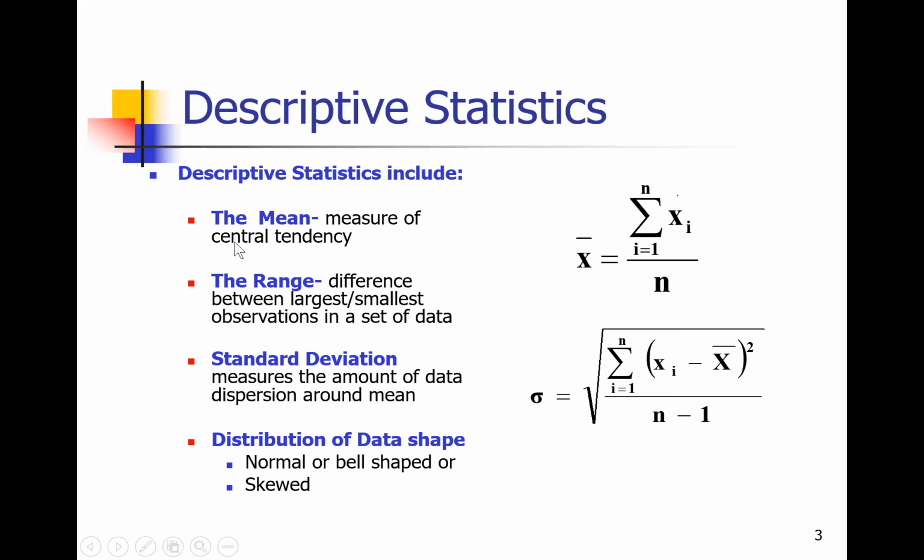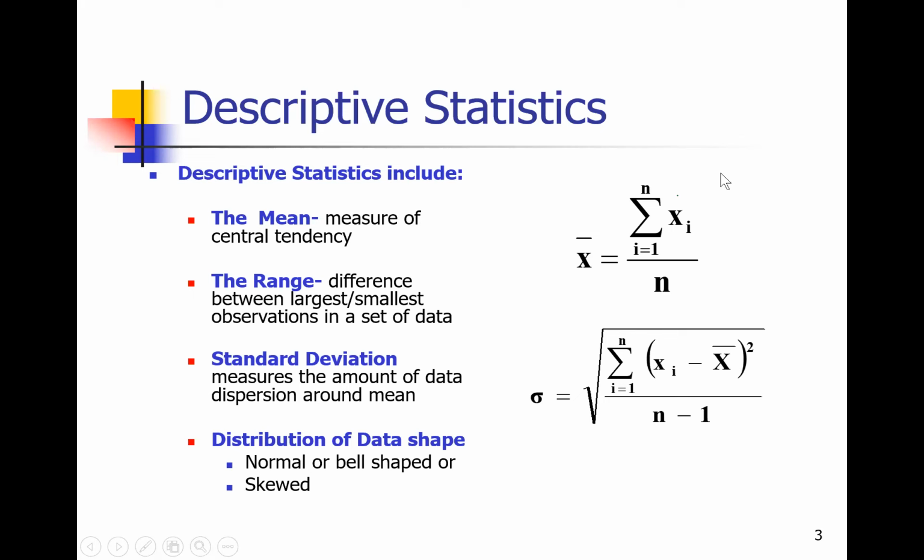I think everybody knows the definition. This measurement of central tendency, the mean or the average. Average is usually referred to as x bar equals summation of x divided by number of observations n.